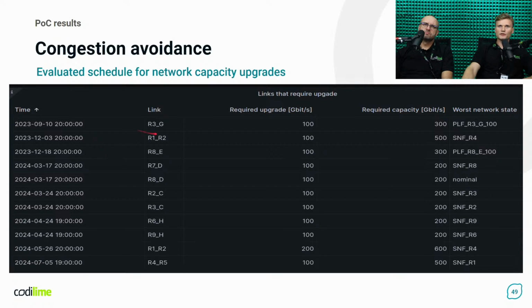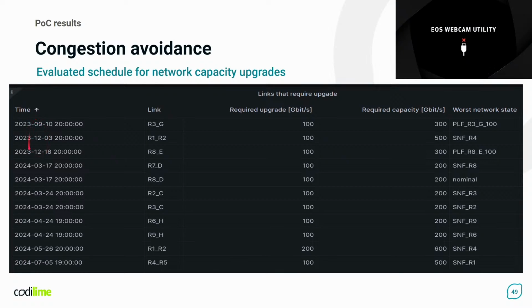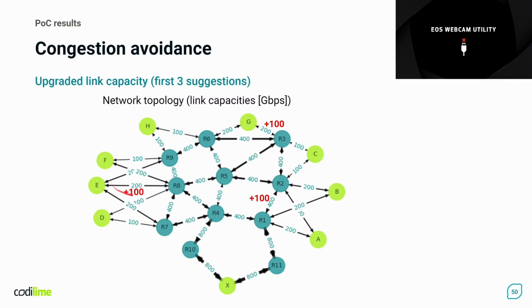And so we have here the link, the required capacity upgrade, the required capacity after the upgrade, and which failure scenario forces this upgrade on us. We can, for curiosity, just apply the first three upgrades, which are in this year. So here we are applying those three upgrades to the network.